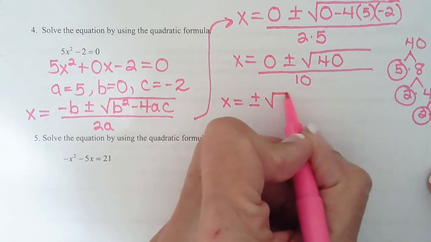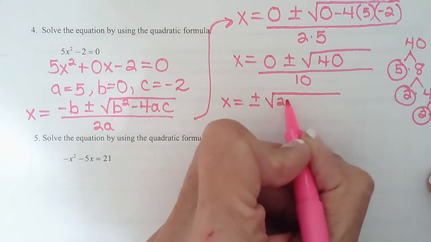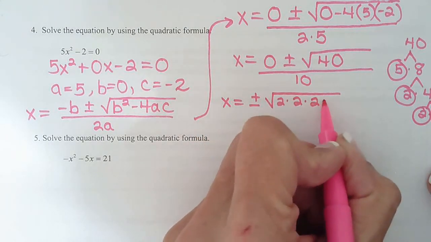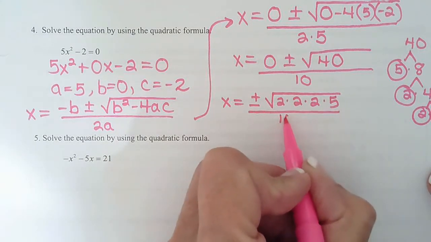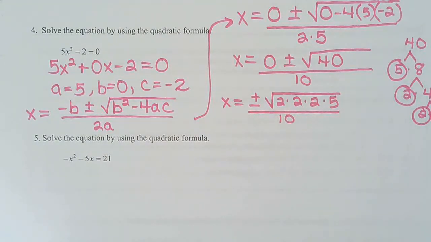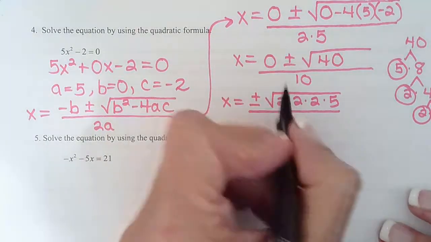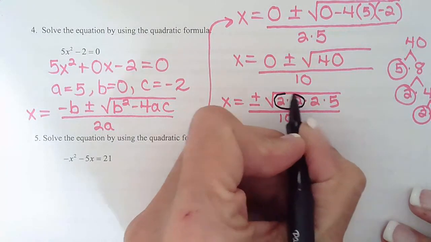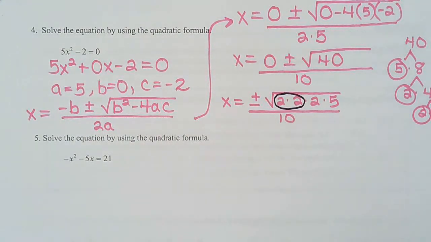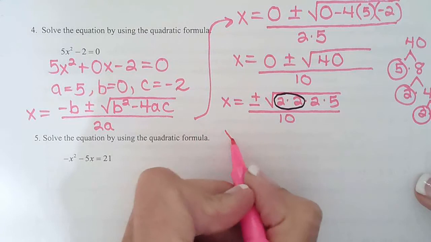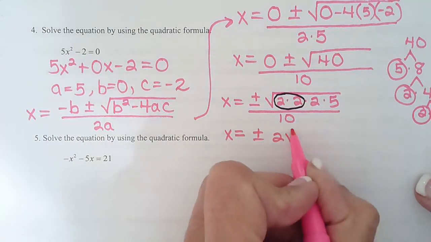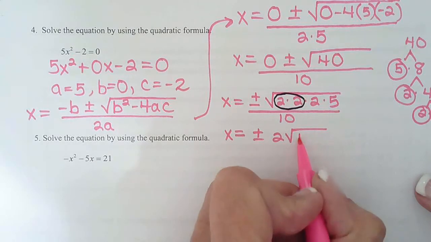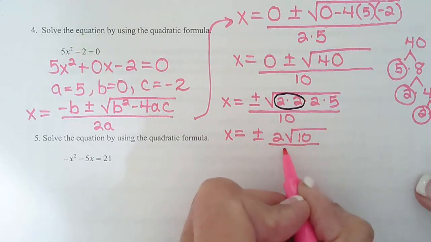So 40 is 3 2s and a 5, and then over 10. So 2 of those 2s can come out as a single 2 because we're looking for pairs since it's a square root. So that's going to turn into x equals plus or minus 2 radical 10 over 10.